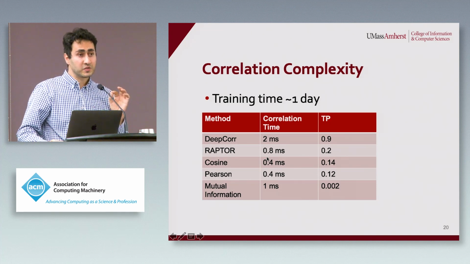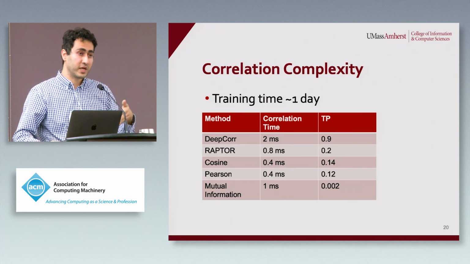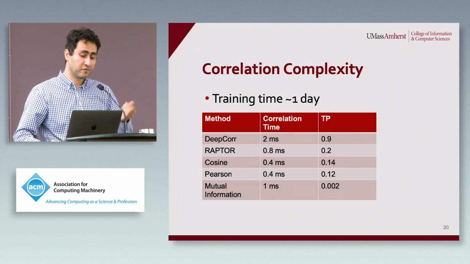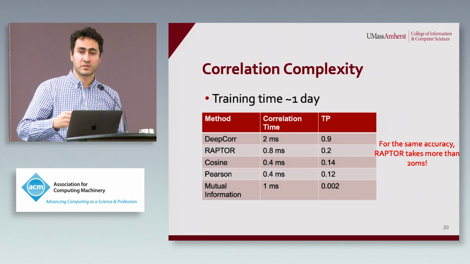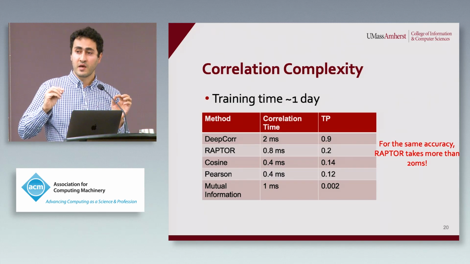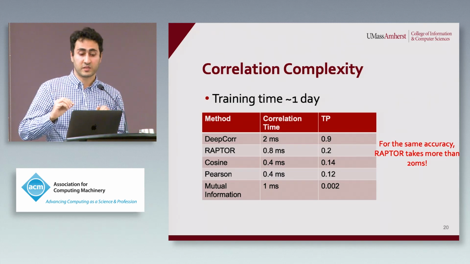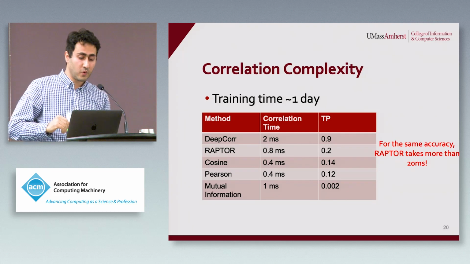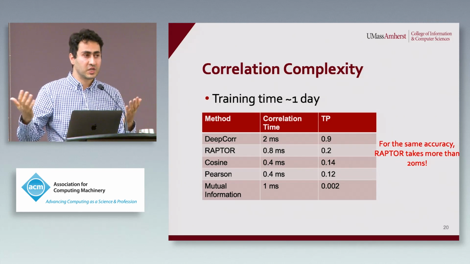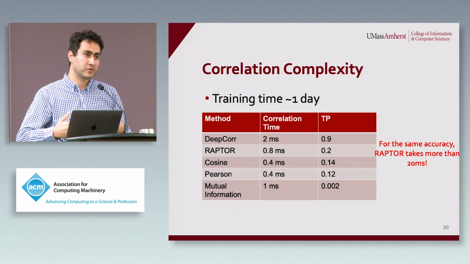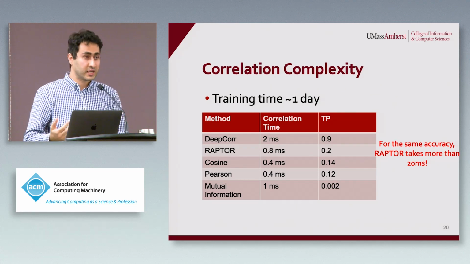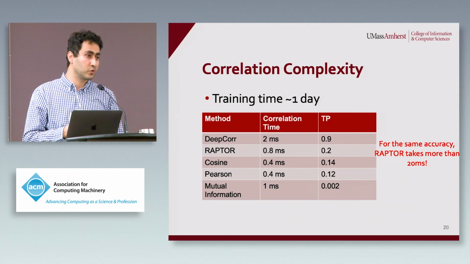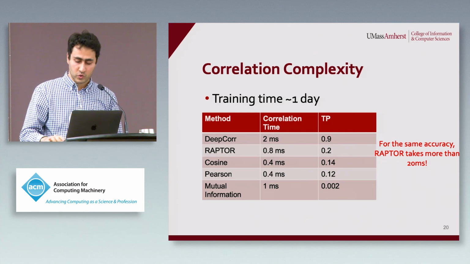But that's when they use the same lengths of flow, in which case our system offers much better performance. When you compare to those algorithms offering the same accuracy, our algorithm is in fact much faster. For instance, if you want to achieve the same accuracy with Raptor, you have to go over much longer lengths of flows. In that case, the time to compute a single operation would be 20 milliseconds compared to DeepCorr's 2 milliseconds.